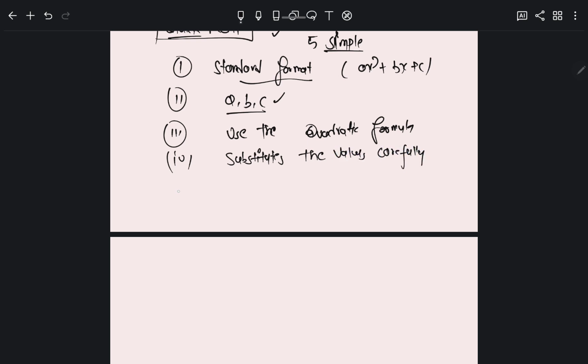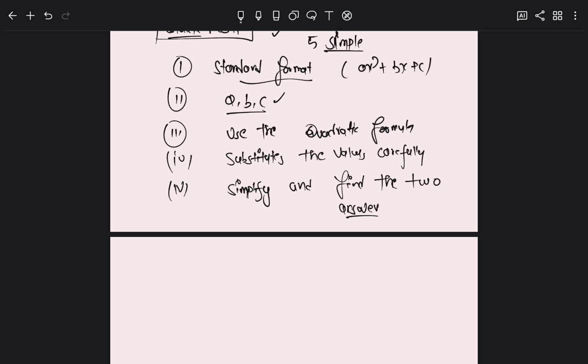Right? And the final and last step, simplify and find the two answers. You need to do that. Got it?